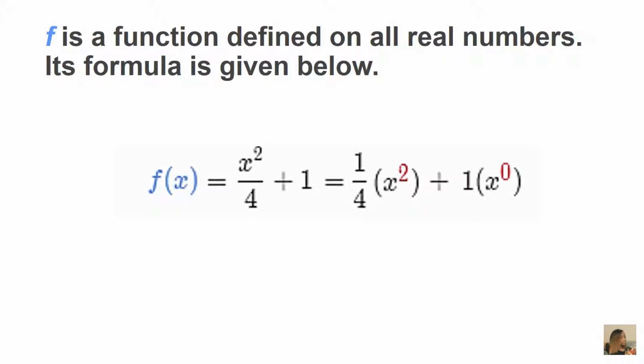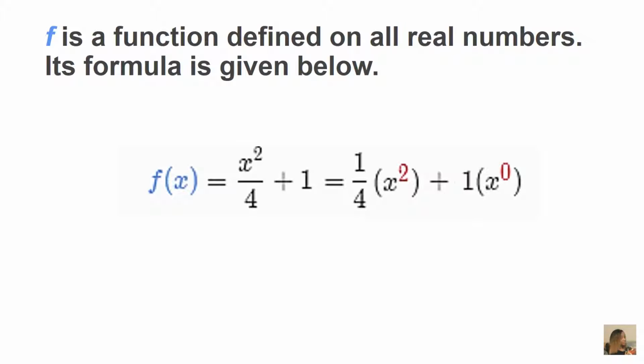So let's start by checking symmetry. We'll start off with the function f. F of x is a polynomial given by the function that we were provided with early on. So f of x is equivalent to x squared over 4 plus 1.